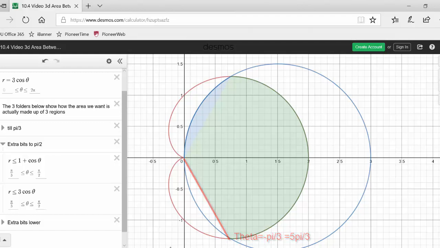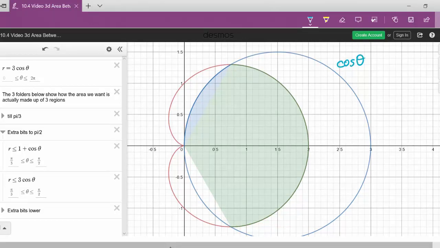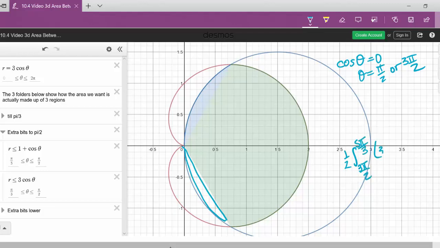Recall that cosine theta equals 0, and so does 3 cosine theta, when theta is equal to pi over 2 or 3 pi over 2. And so to get this region, what I want is to take the integral, 1/2, from 3 pi over 2 to 5 pi over 3 of 3 cosine theta squared d theta. And that's going to give me the lower part.